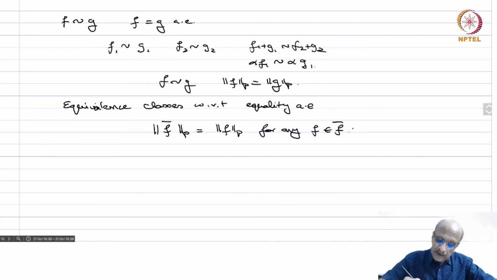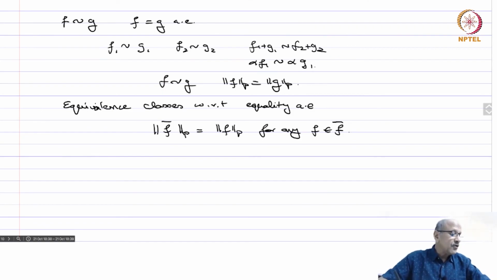It doesn't matter which representative you take, all of them will be the same. Then of course it becomes a norm, because if the norm is equal to 0, then f is the function 0 almost everywhere, so it belongs to the 0 equivalence class, and therefore it becomes a norm.